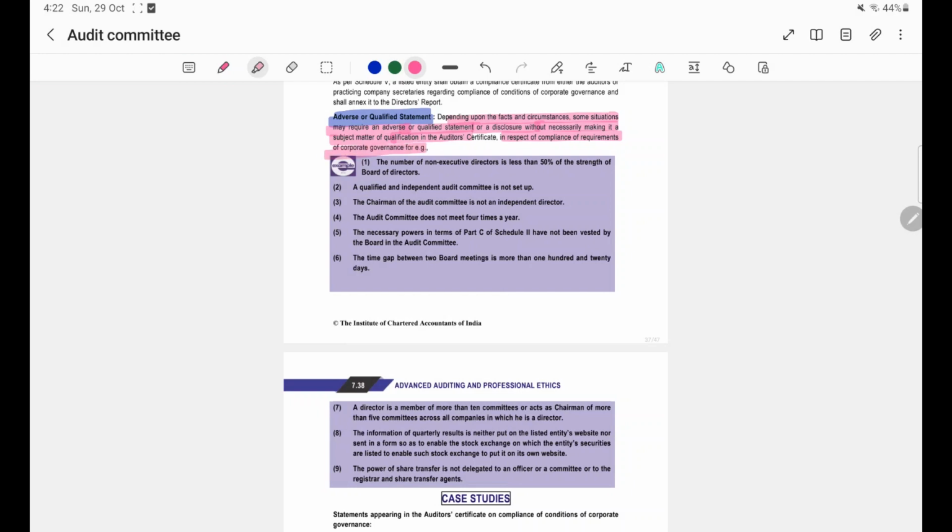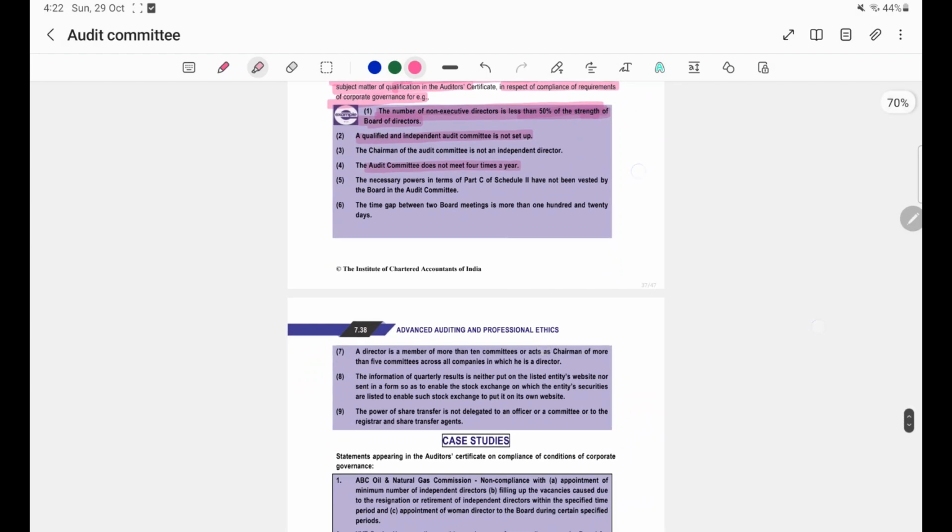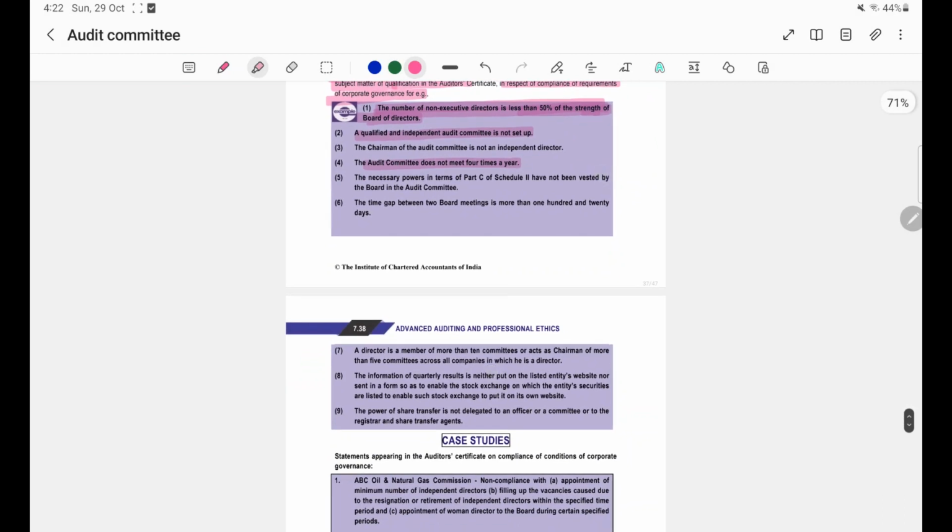For example, number of NED. See, all the points which we learned above, this is just the summary of those, that not less than is less than 50%, then qualified independent committee is not set up, audit committee does not meet 4 times. So everywhere the limits which we learned, those are written here.